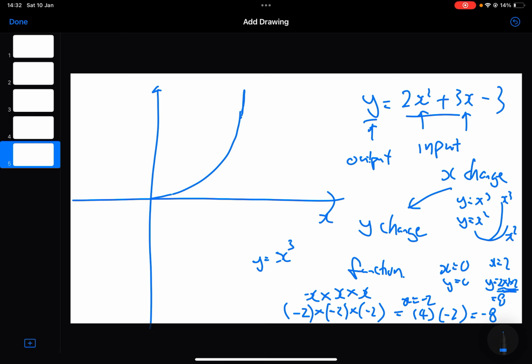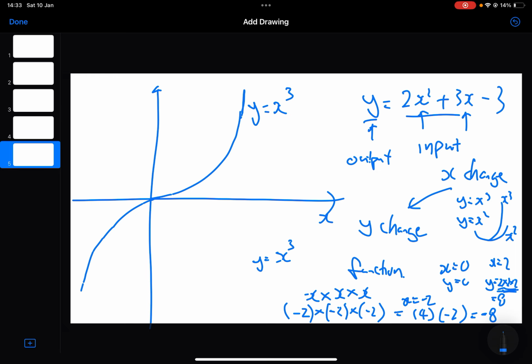So this time round, my y is no longer always going upward. When my x goes negative, my y will go negative, but it will also go negative very fast. So by that understanding, we can know that this graph is going to turn downward like that. Okay, so your y equals x cubed looks like that.